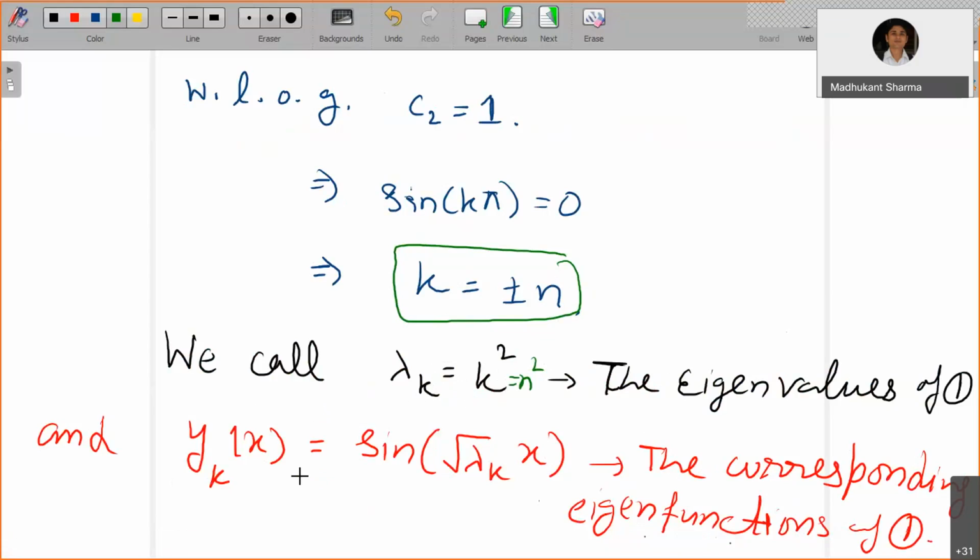So y_k(x) is sin kx, where k is the square root of lambda_k. So sin(√λ_k x) is the corresponding eigenfunction. You have already shown that the sequence sin nx is orthogonal over the interval 0 to π with weight function 1, because we have not used any weight function here.